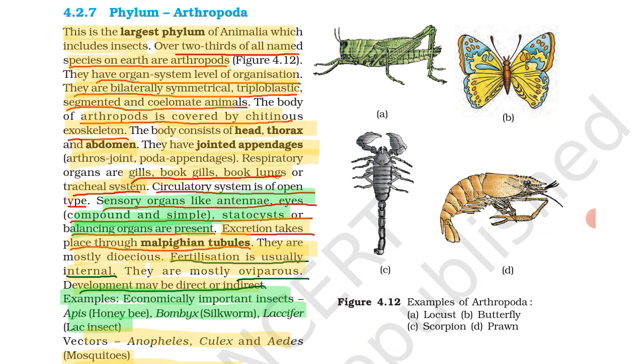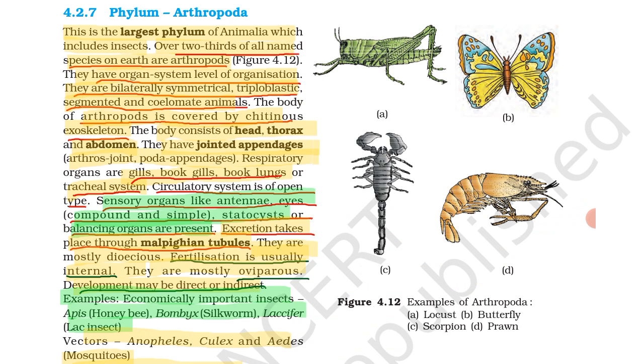Two-thirds of all named species on earth are arthropods, meaning our species on earth, two-thirds are arthropods. It is the largest phylum.